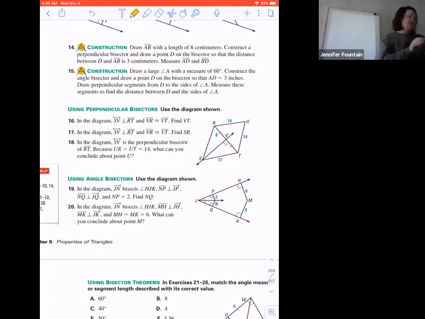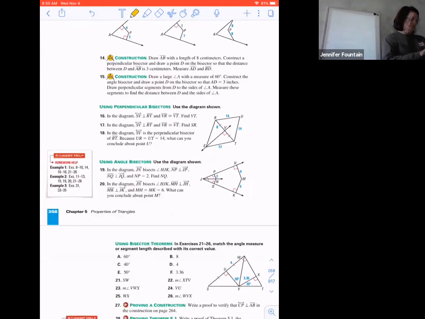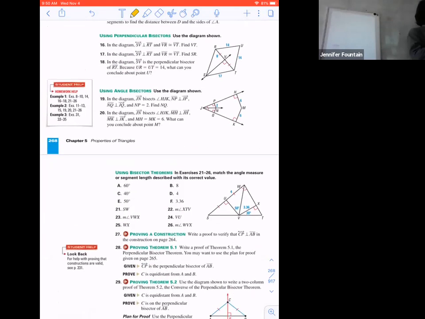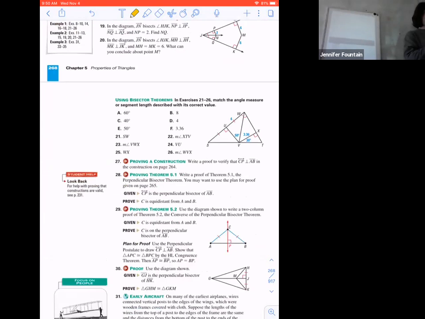Let's look at number 17, using perpendicular bisectors. It says to use the diagram below to answer the question. Same thing with 19, you're going to use the diagram. Page 9. So what does it mean on 17?